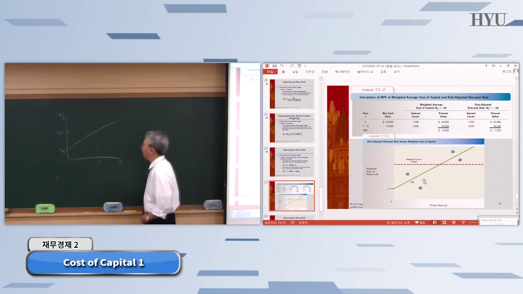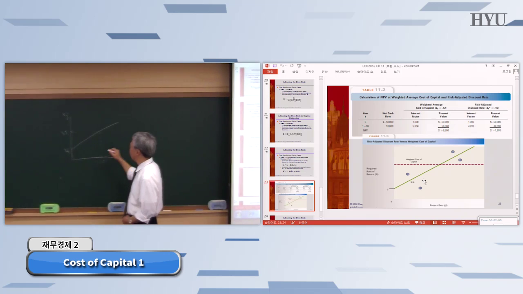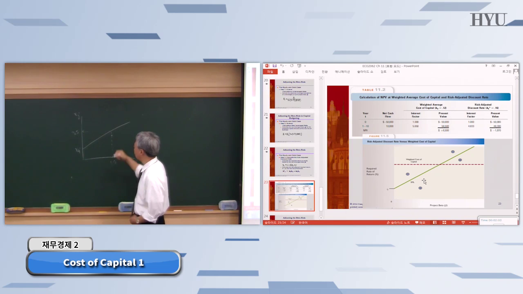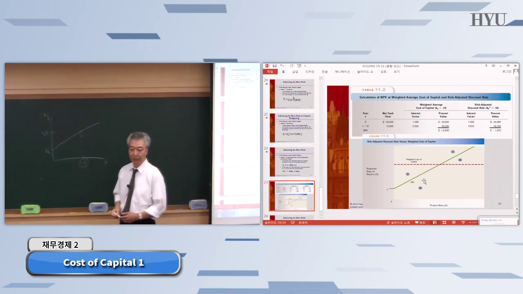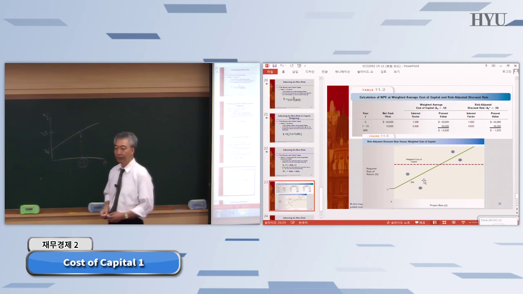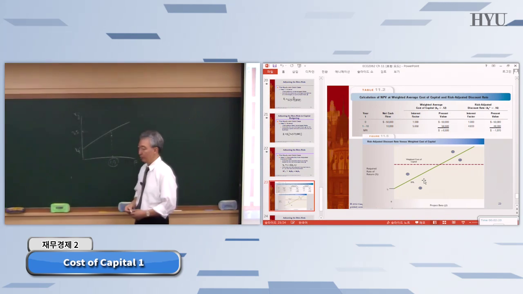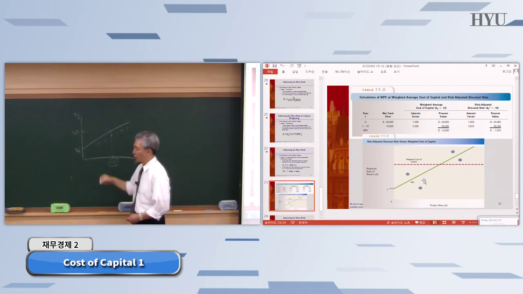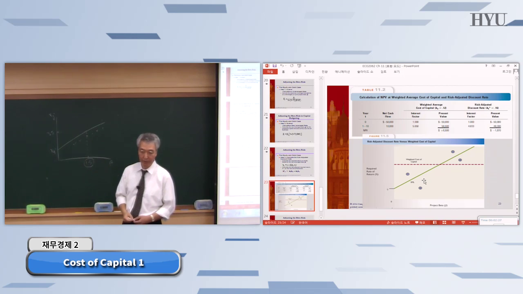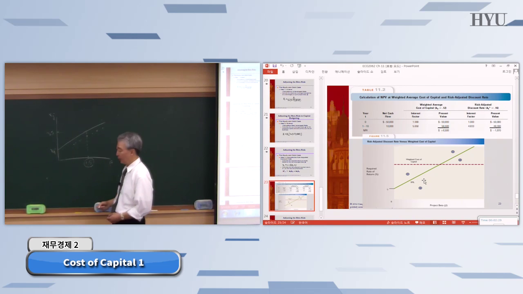If an investment has 1.5 beta, but the rate of return is below 3.5, then that is considered inadequate. The rate of return is not high enough to compensate for the risk. So any investment below the security market line should not be accepted. That's the idea.